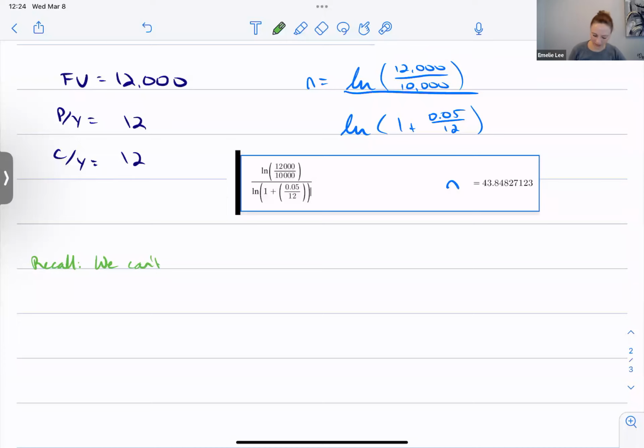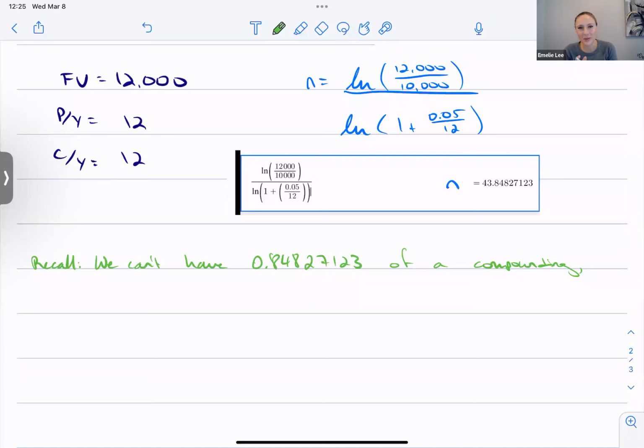And so we can't have 0.8482712 of a compounding. You can have 43 compoundings, but you just can't have the decimals, right? And so what we have to do is we always have to round up for N.